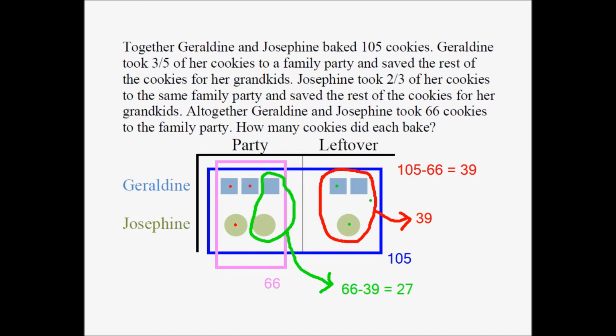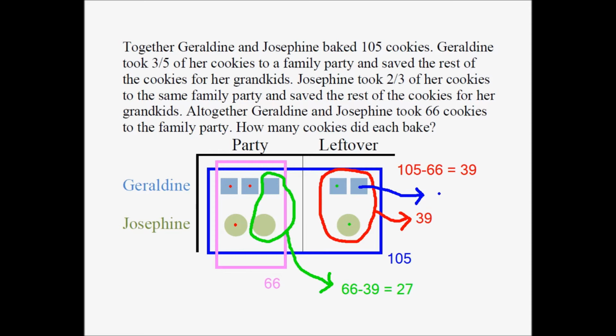From 39, if I subtract 27, this is 39, we concluded. From 39, if I subtract 27, I'm going to get the value of this. Let's do it in blue again. So this has to be 39 minus 27.